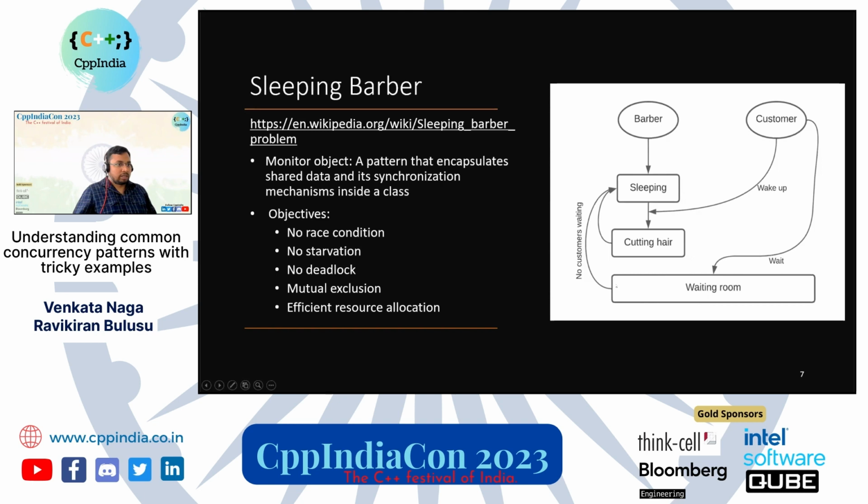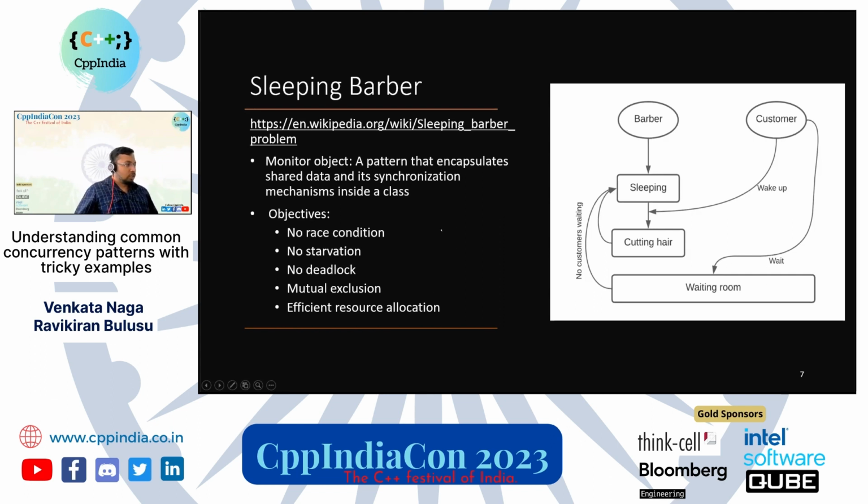So the tricky part here is, let's say if there are no customers, then the barber can sleep, and the customer has to wake him up and then have a haircut with him. And in case the barber is busy with a customer, the customer can wait in the waiting room if it's not full. So this is the overall scenario.